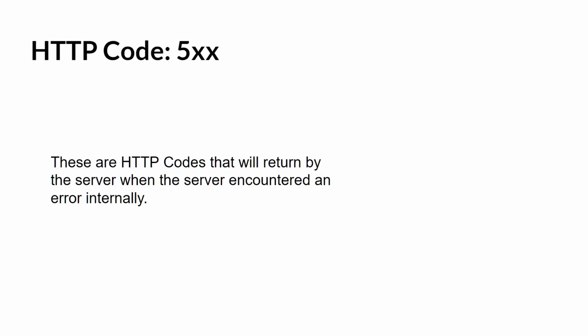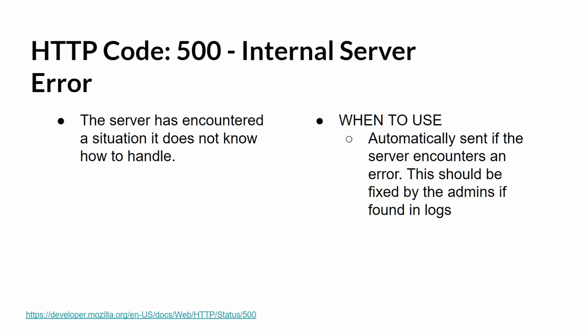Now, lastly is the HTTP code 500 series. This will return if the server encountered an error internally, either the server or the network of the server. So 500 internal server error means that the server encountered an error, it crashed, and it doesn't know how to handle it.